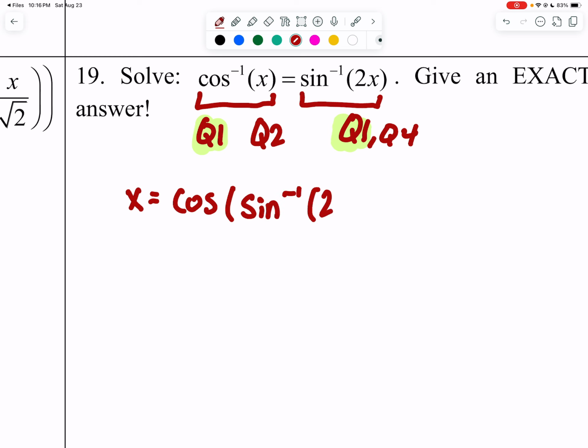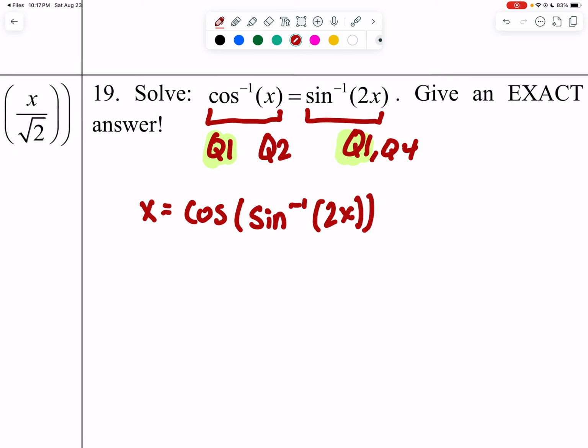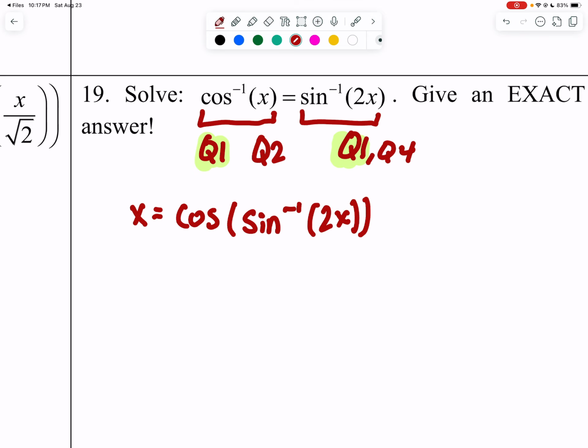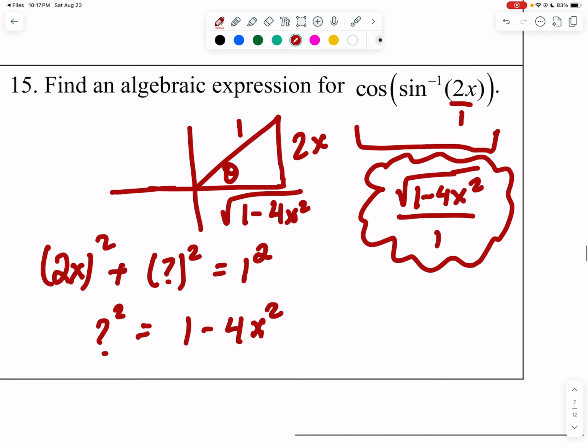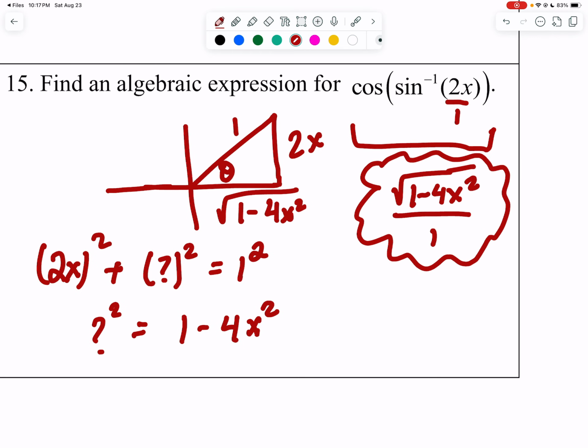So I have x is equal to cosine of inverse sine of 2x. Now, plot twist, cosine of inverse sine of 2x, we already did that on number 15 here. That was the square root of 1 minus 4x squared.